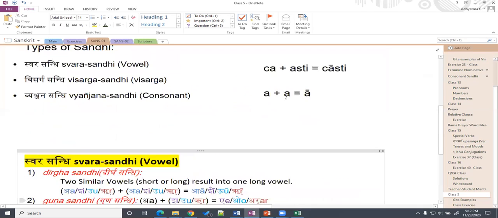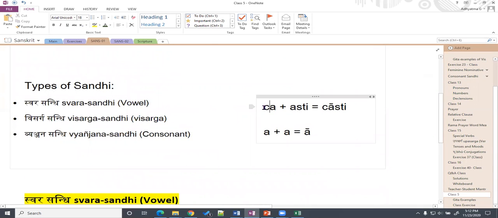One example of this kind we already saw: cha asti, chasti. Here akara plus akara became akara.